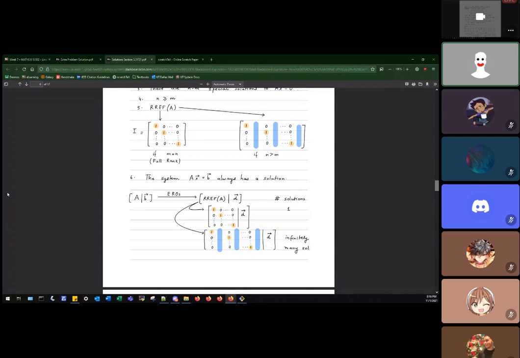Sometimes, well, it depends on what you're trying to find. If you're just trying to find which columns are independent, I think REF is sufficient. But if you're trying to find, I can't remember exactly what.